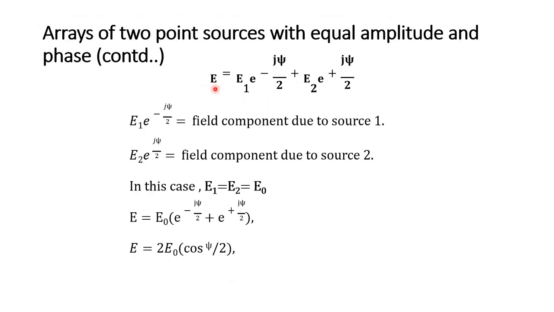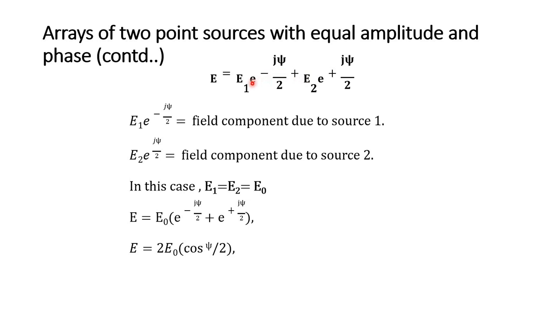So the total electric field is given by E is equal to E1 e raised to minus j psi by 2 plus E2 e raised to j psi by 2. The first term is the field component due to source 1, which is the lagging component, and the second term is the leading component, the field component due to source 2.